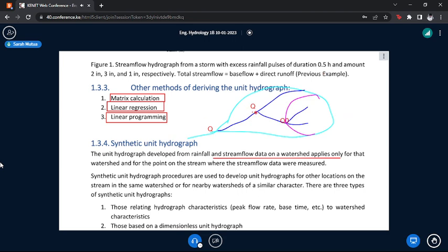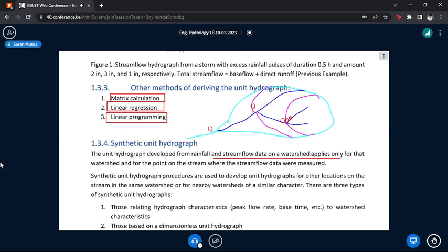For this point, the watershed will probably be now all this part. And then the watershed for this point is the entire part. And you can see the watersheds are becoming larger and larger as the river flows downstream.